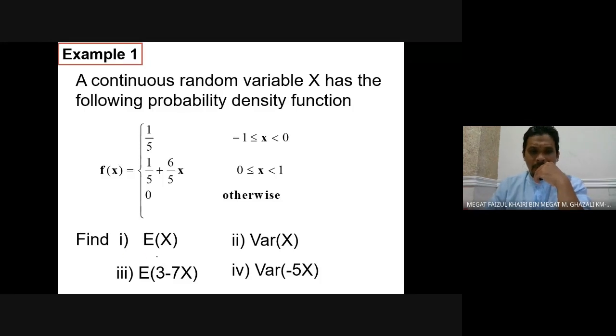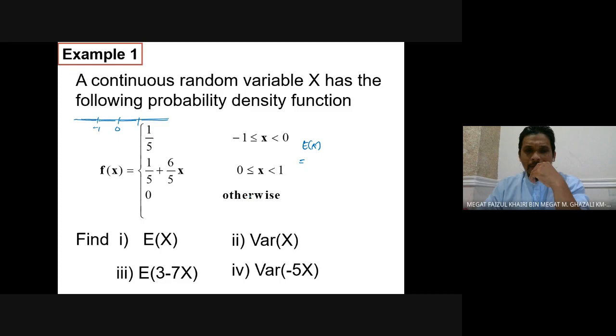Okay, I'm going to do it here. E[X] equals, look at this one, the first one here, from -1 until 0, and 0 until 1. So we have 1, 2, 3, and 4.